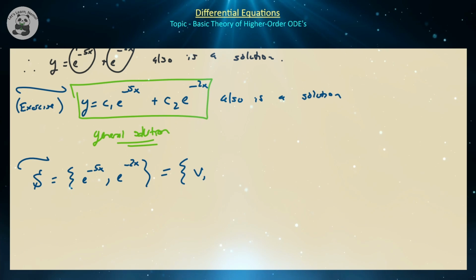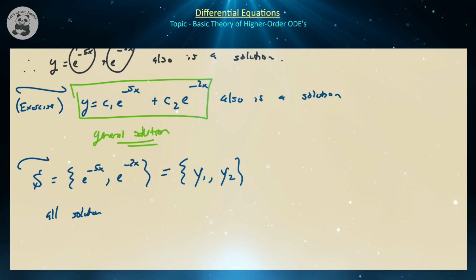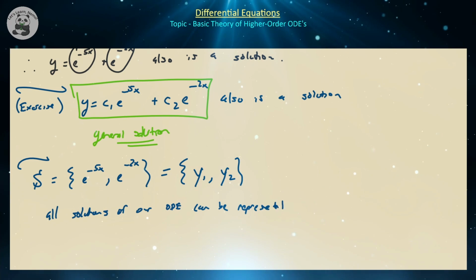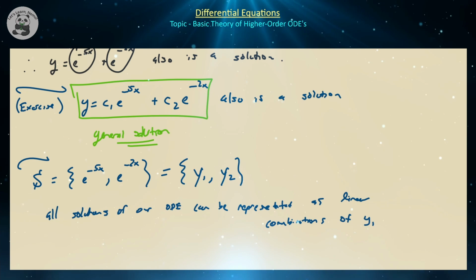For example, we can call this vector 1 and vector 2, or more so, vector y1 and vector y2. All solutions of our ODE can be represented as linear combinations of y1 and y2.